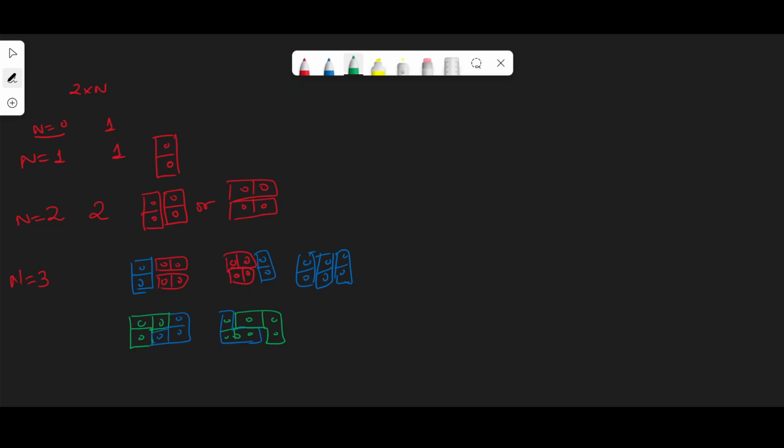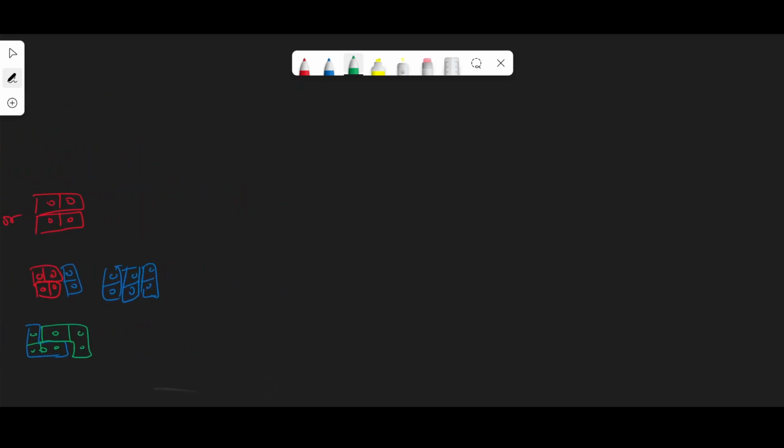So now how do we generalize it? For n equals 3, we get 5. But how do we generalize? How many different kinds of tiles are there? Let's first talk about that. Types of tiles, and we'll rotate as well.